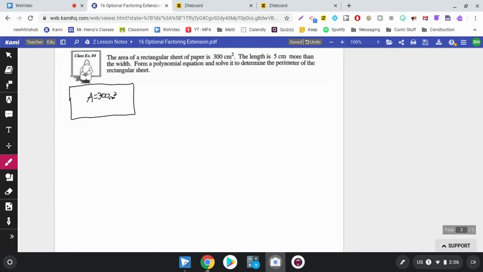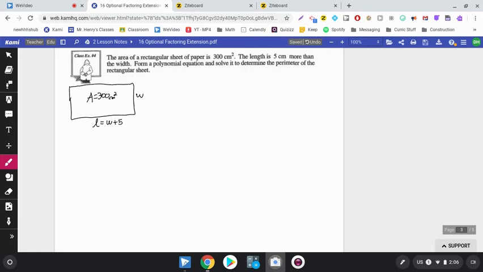Okay. And then in terms of picking variables, I said I always pick x. Well, this is like a rectangle. I'm going to talk about length and width, or L and W. The length is 5 centimeters more than the width. So that kind of means, well, hey, if you had the width, the length equals 5 more than that. So width plus 5.